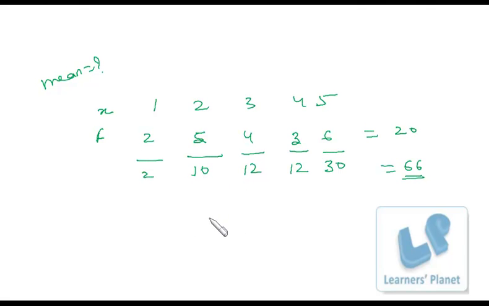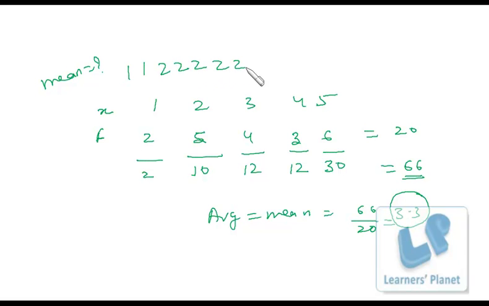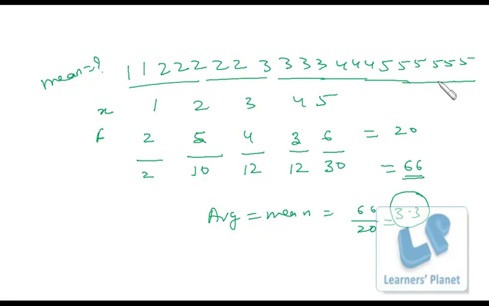Okay, so the average, or we can say mean, is the total divided by the frequency, right? This is actually 1 1, then 2 2 2 2 2, 3 3 3 3, 4 4 4, 5 5 5 5 5 5, and we have to find the average of all these numbers. So that is actually 3.3.